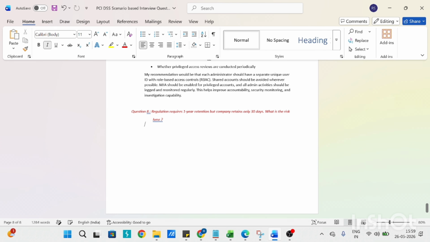So auditors' findings highlight that ground-level things are not aligned with the approved policy. So it is a compliance issue, and the retention is different.